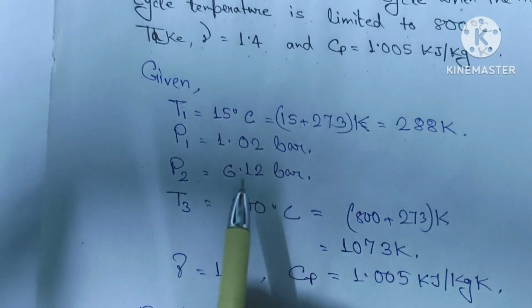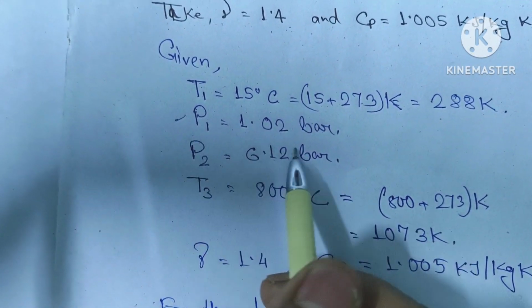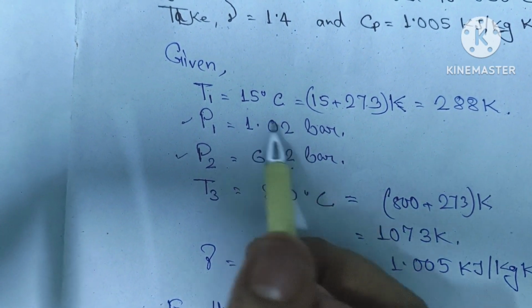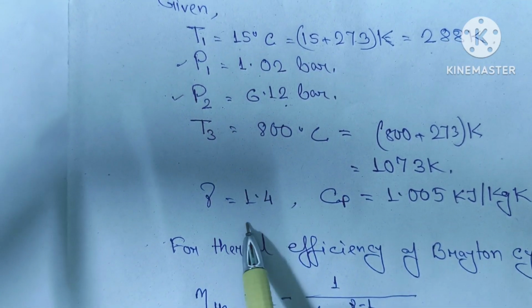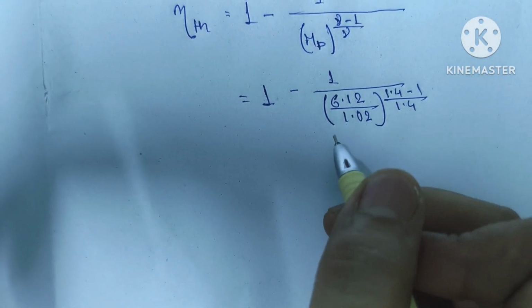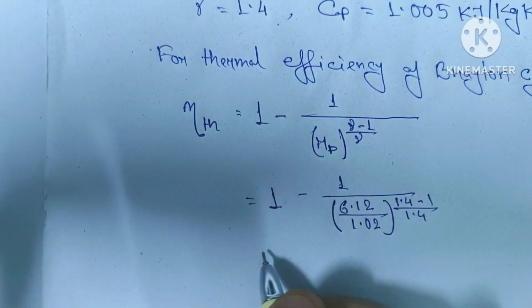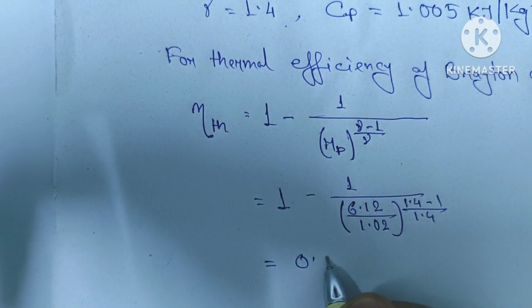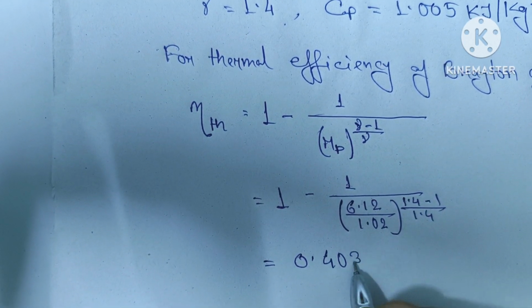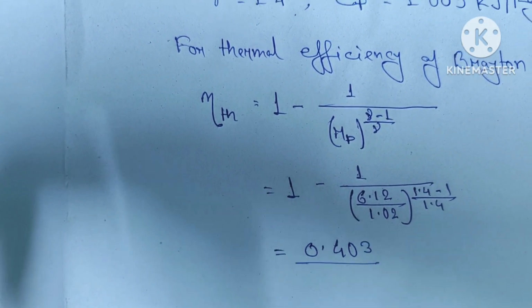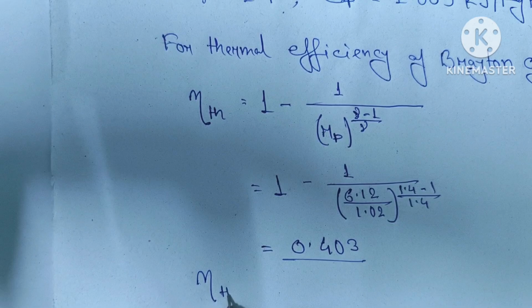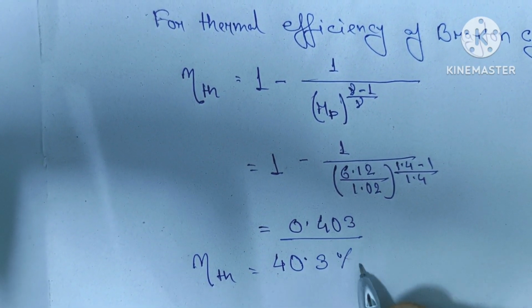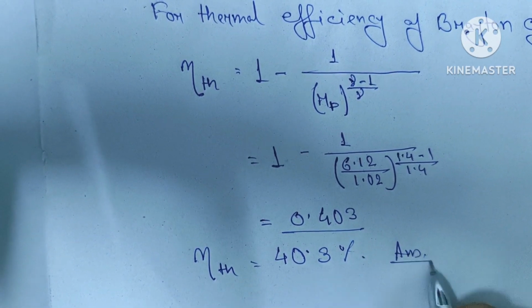All these values are already given, that is P1 equals to 1.02, P2 equals to 6.12 and the pressure ratio is 6.12 by 1.02 and the value of gamma is 1.4. So by putting the values in this equation we get it is about 0.403. After calculating you can get this value. So eta Th equals to 40.3%. So this is the first answer.